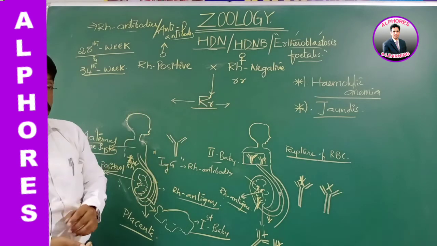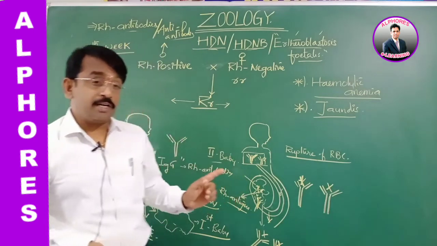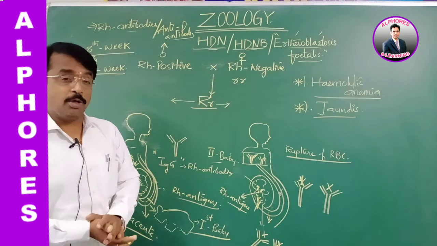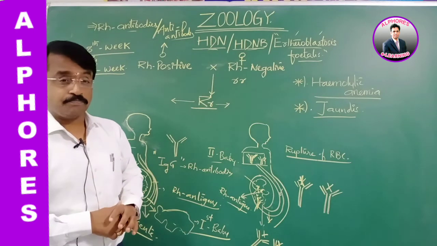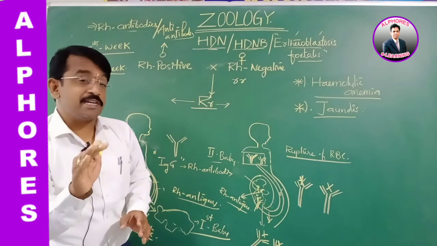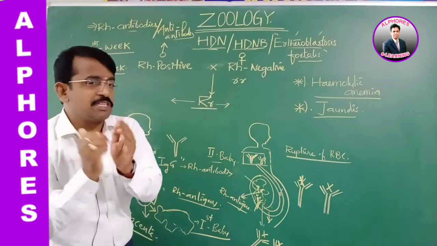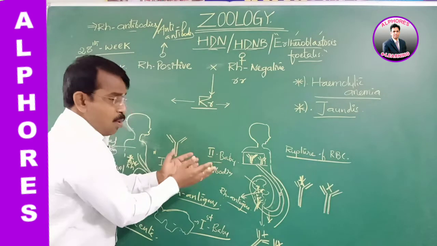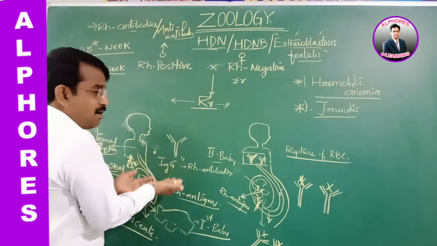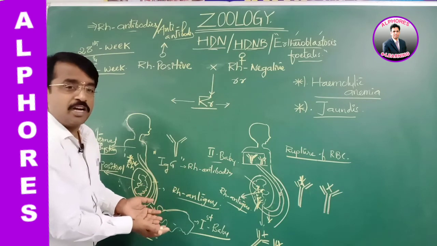I repeat, the danger is donor antigen and recipient antibody, causing agglutination, whereas donor antibodies and recipient antigen are of less significance, as we have seen. Now the mother does not have the Rh antigen, nor is she producing Rh antibodies.